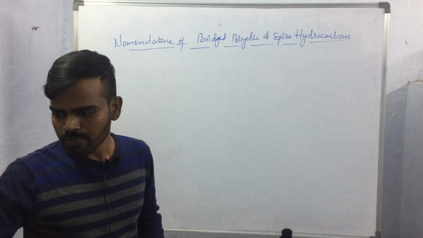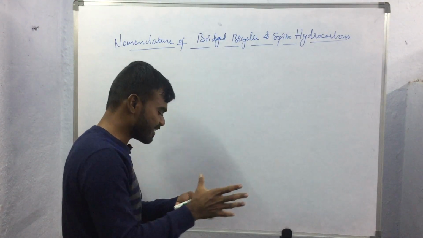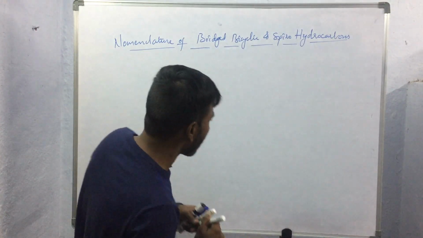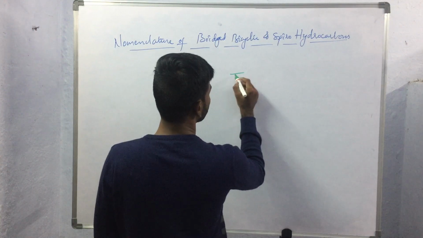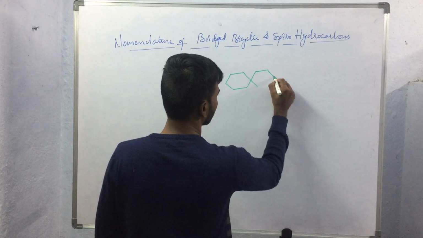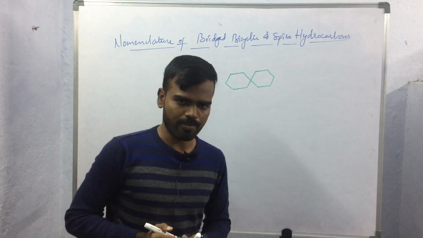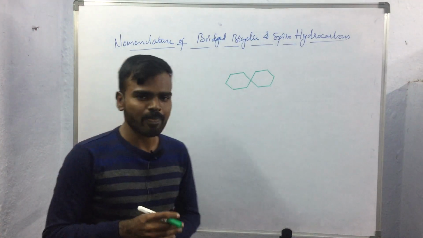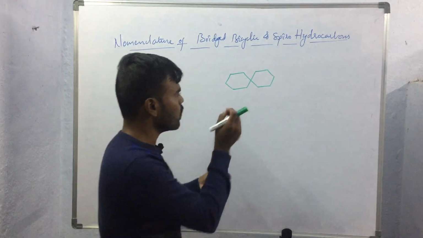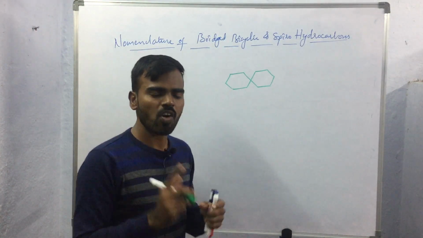In spiro-fused compounds also, the rings will be fused in such a way that they have only one common atom. Like this, only one common atom will be there. Spiro compounds are such compounds in which the rings are fused in such a way that they have only one common atom.